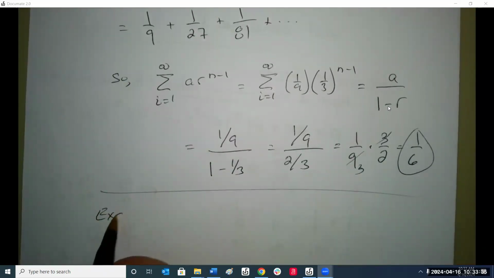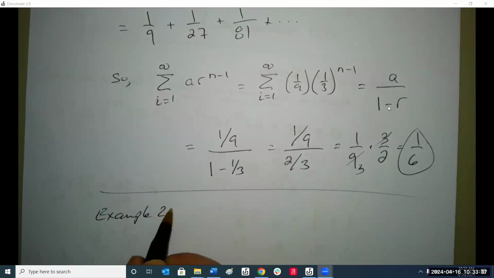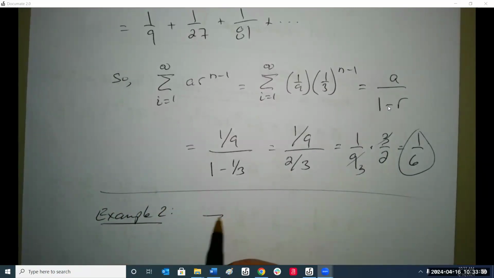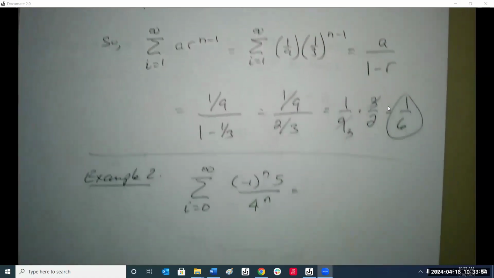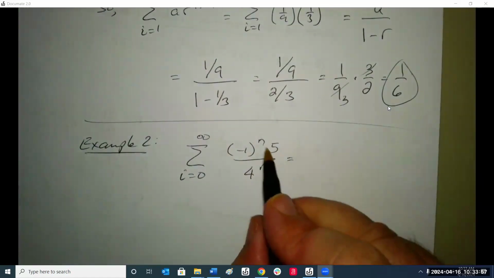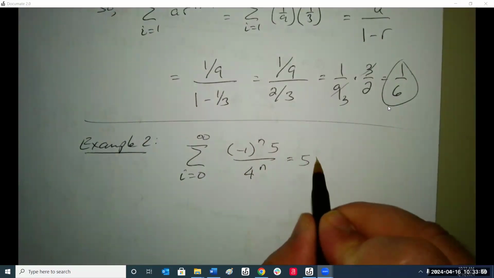Okay, example 2. The series starts from 0 and goes to infinity of 5 times negative 1 over 4 to the power n. So when n is 0, we get 5.